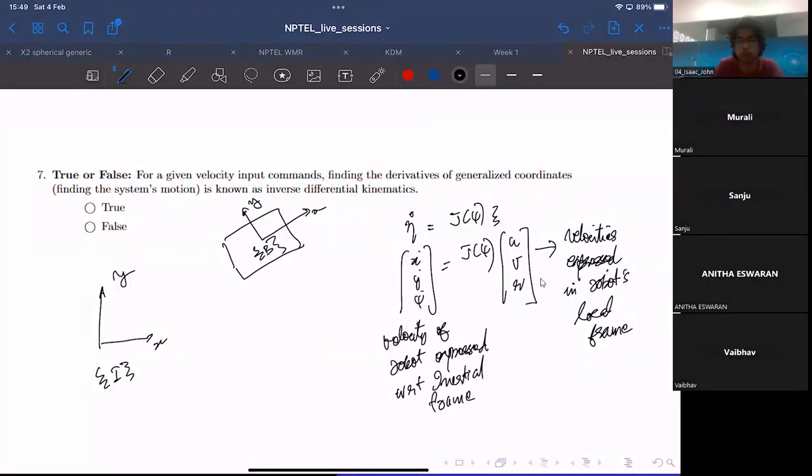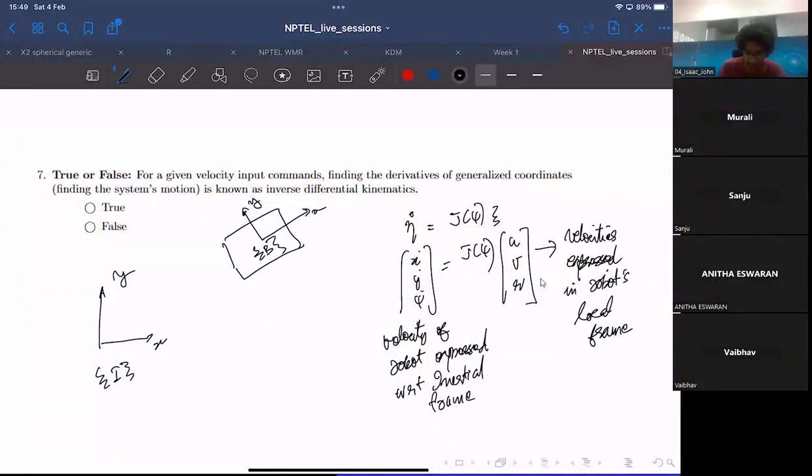So there are 2 schemes of differential kinematics, as you might be aware of: forward differential kinematics and inverse differential kinematics. In forward differential kinematics, you would be giving the velocities in the wheels frame as inputs, and you would find the output in terms of the inertial reference frame using this relation.